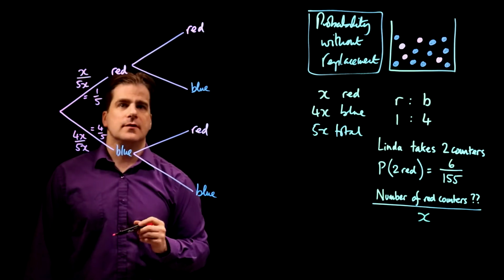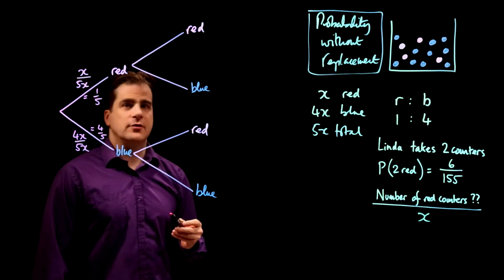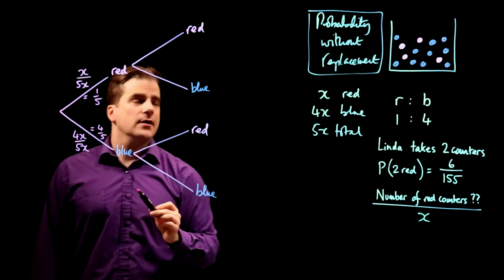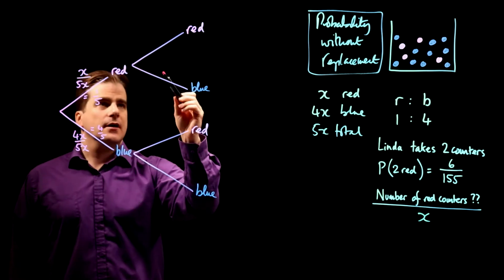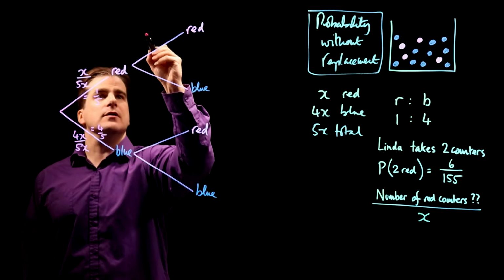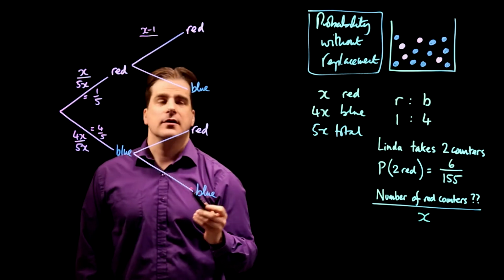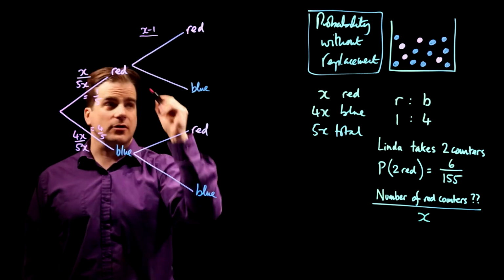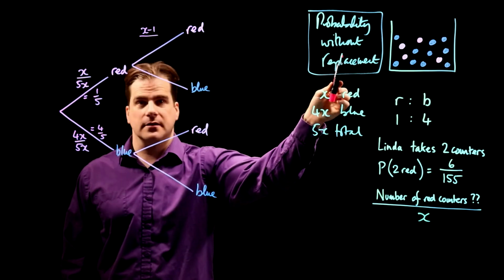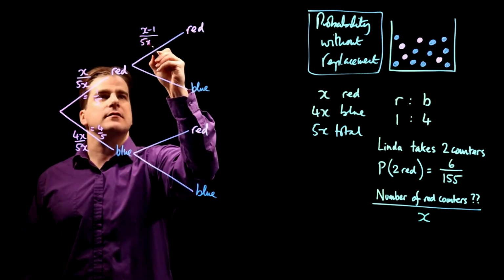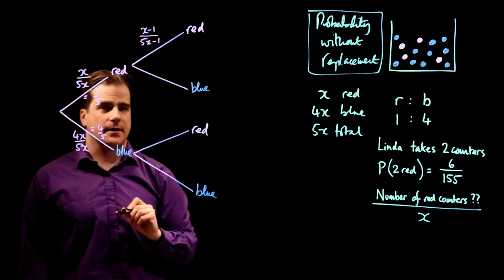Probability of choosing a red counter, given that you've already chosen a red. Well, there are now X minus 1 red counters in the box, and there's a total of 5X minus 1, because it's probability without replacement. We haven't put that first red counter back.